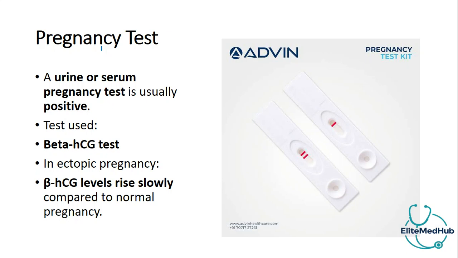A urine or serum pregnancy test is usually positive. So a beta HCG test in ectopic pregnancy, you will notice that beta human chorionic gonadotrophin levels will rise slowly compared to how they rise in normal pregnancy.